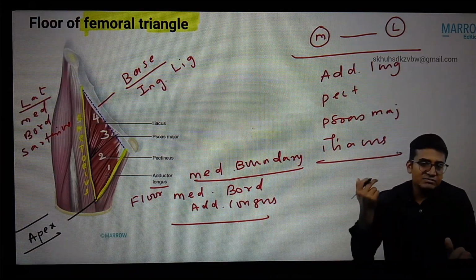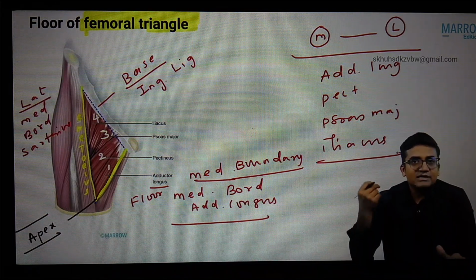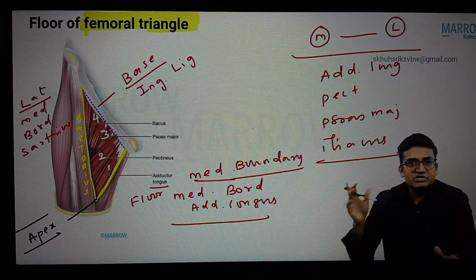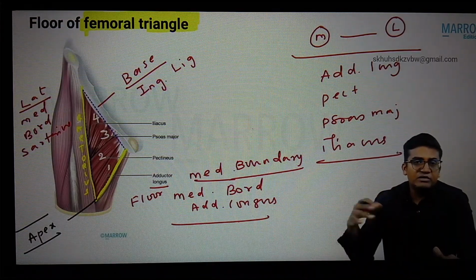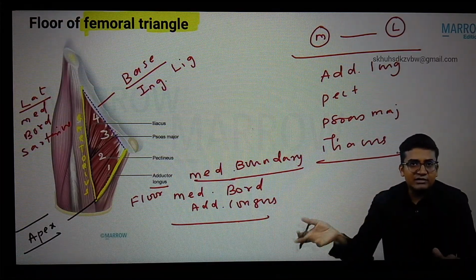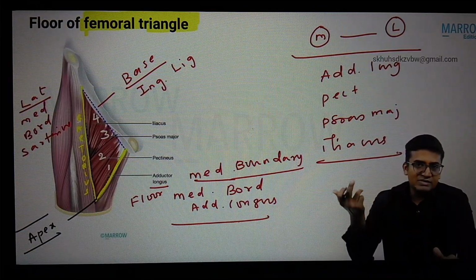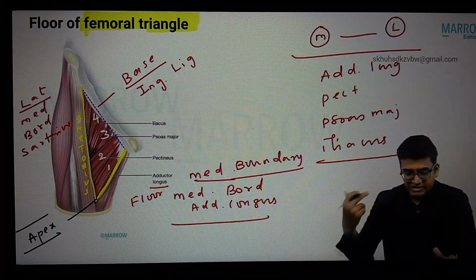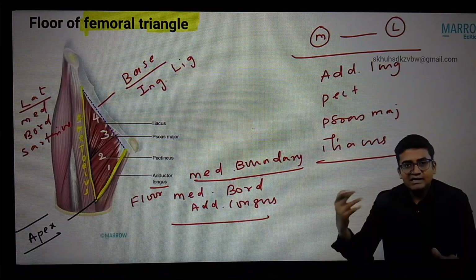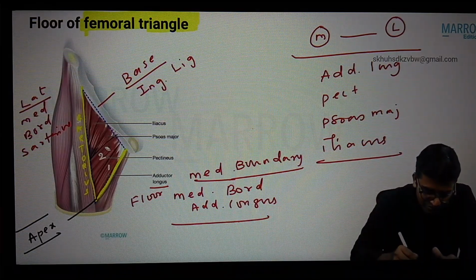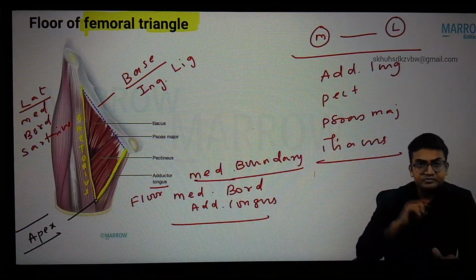Again, in the INI-CET exam, I told you, you will get sequential arrangement questions. Arrange these structures sequentially, forming the floor of the femoral triangle, from medial to lateral, or lateral to medial. Like this, you may get the question. So the medialmost muscle forming the floor is adductor longus, then pectineus, psoas major, and iliacus. Medial to lateral sequence. Again, in the exams, you may get a question about pectineus muscle.